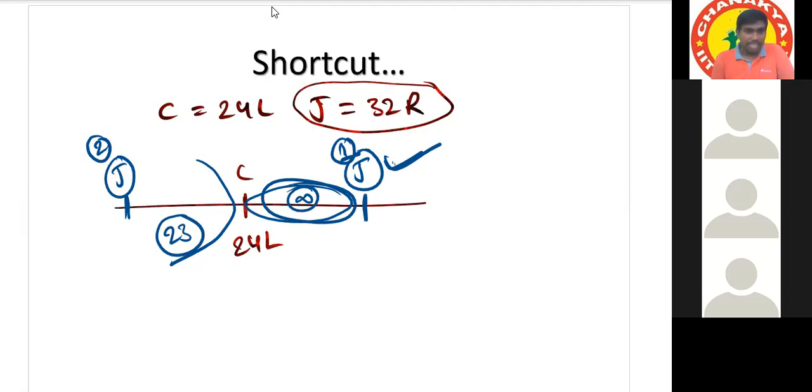In case of overlap, to the left of Chinnu there is a possibility of a maximum of 23 members only, and of those 23 members, one person is Junnu.